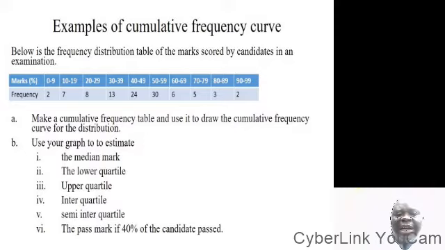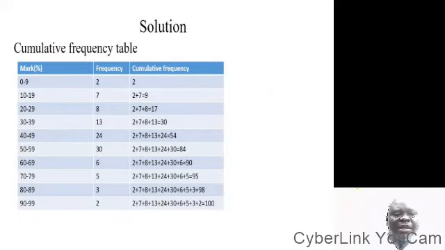Now first you find the cumulative frequency, which I have explained to you in the previous class. The frequency for the first one is 2. The next one is 7. Then how do I get the cumulative frequency of the second one? 2 plus 7 gives you 9. The third one is 8. 9 plus 8 is 17.